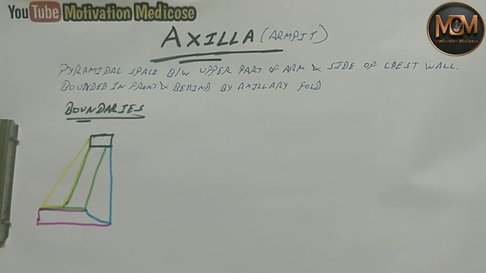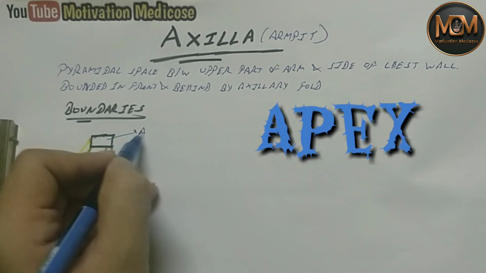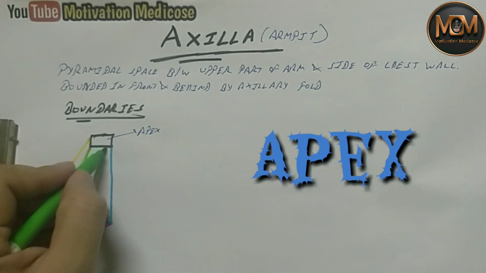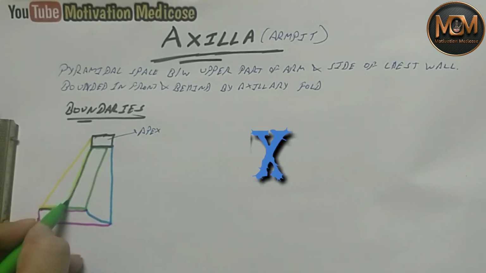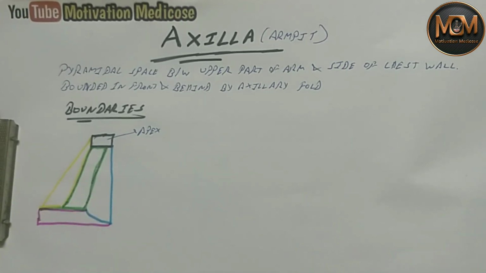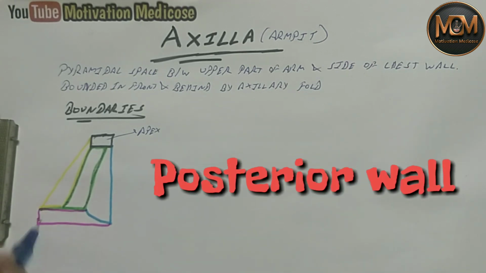So this is a 3D structure. This is your apex, and this portion will be your posterior wall.